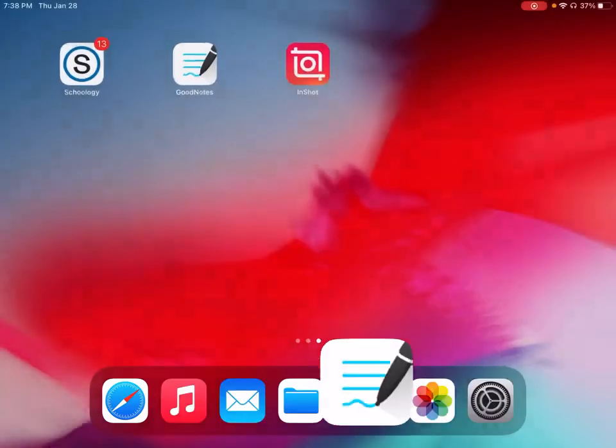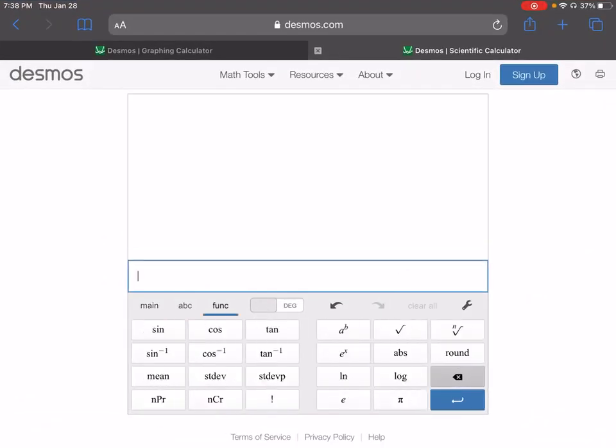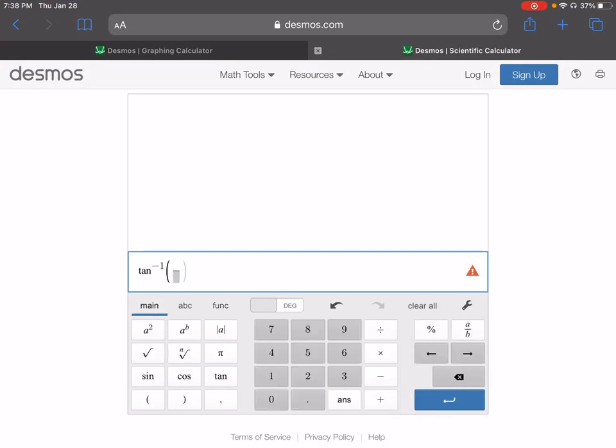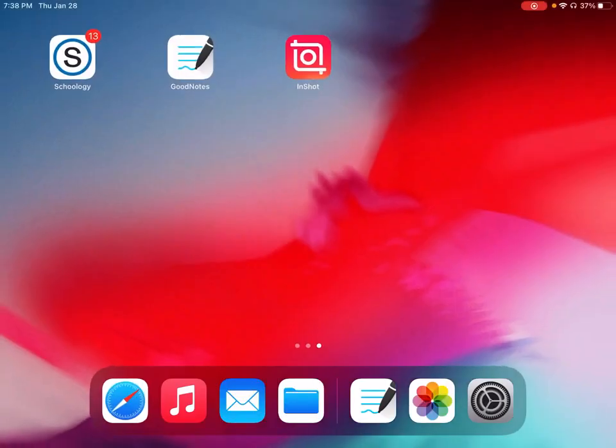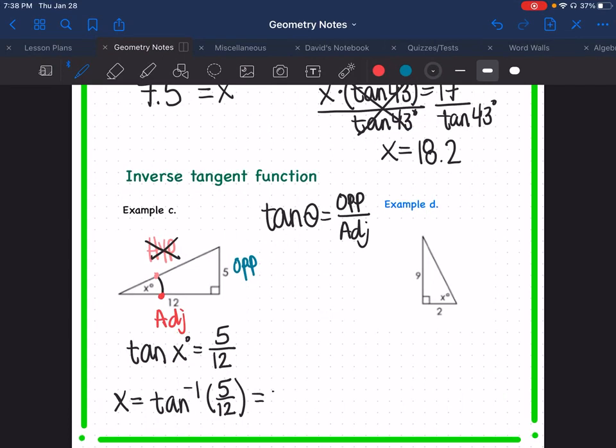Now I do have to use my calculator for this one because I don't have this one done. So tangent inverse 5 over 12. 22.6. And of course it would be degrees.